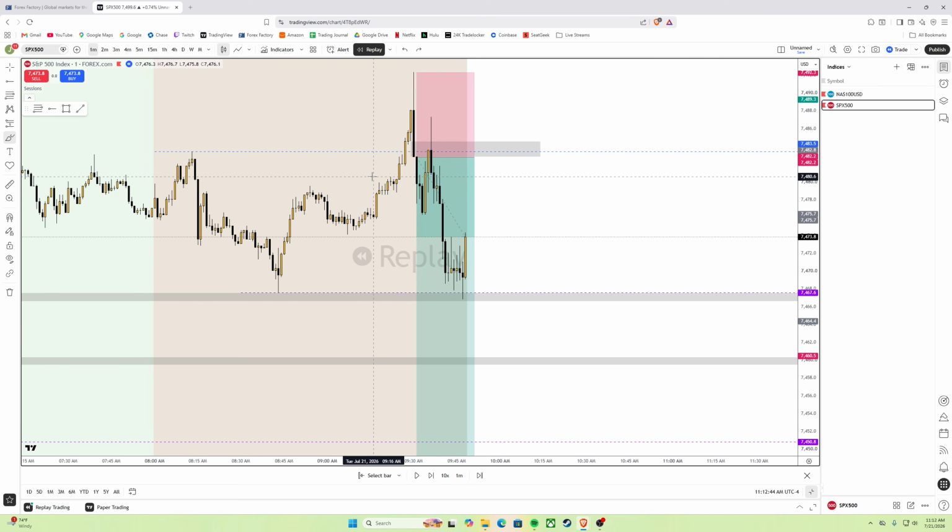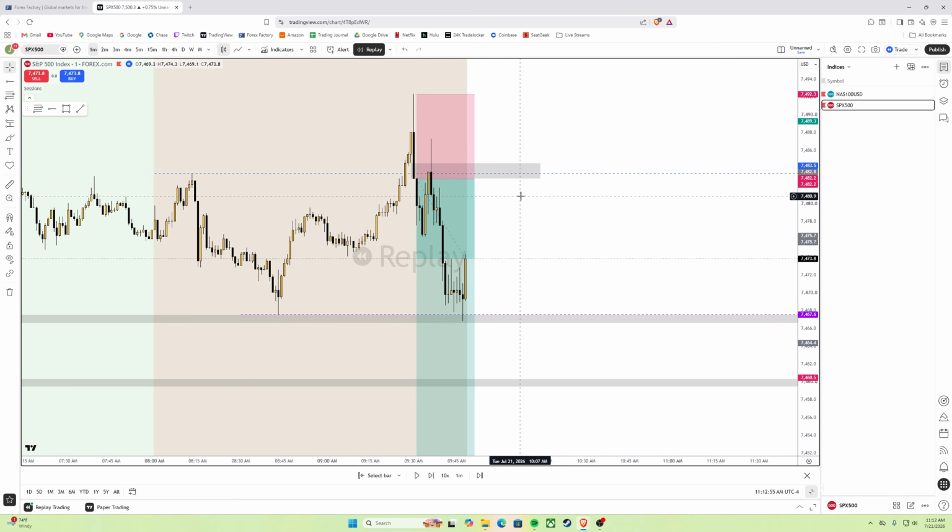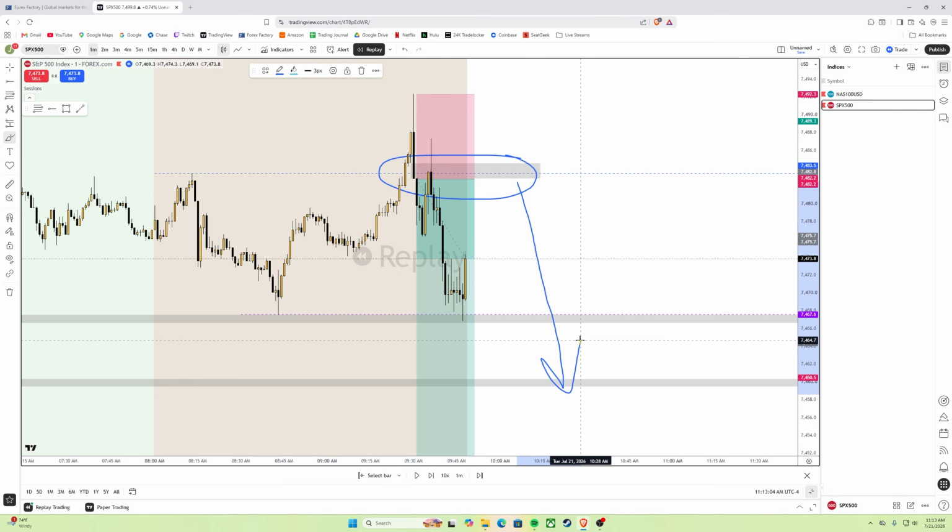So my initial strategy would have had me roll my stop loss to break even. However, the reason I didn't do that is because now I'm operating with a different system and different logic, whereas I expect that price will want to return to these fair value gaps several times, potentially before making the actual aggressive move down. Because this is a good move. It cleared the low of the session. That's absolutely great.